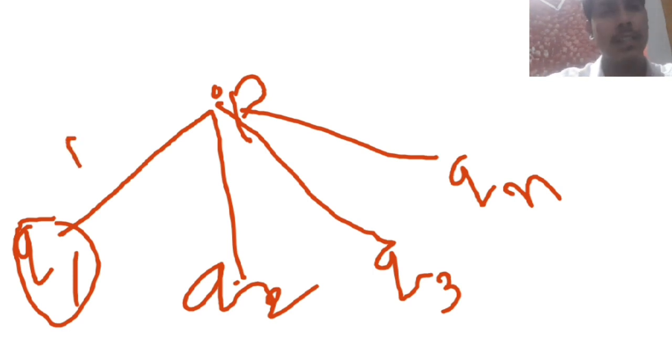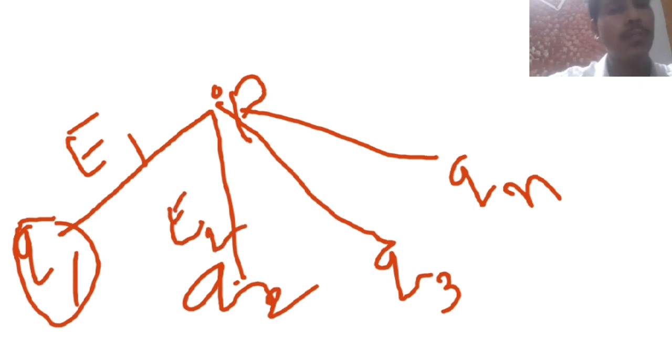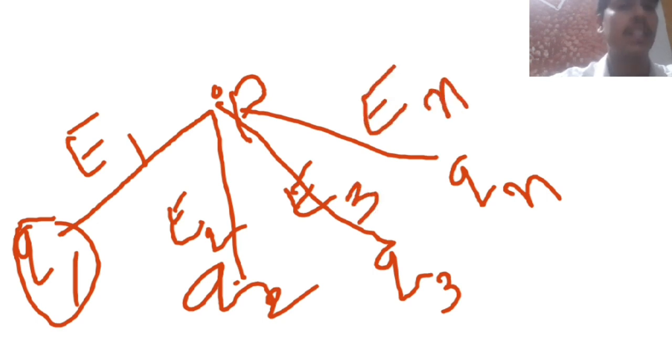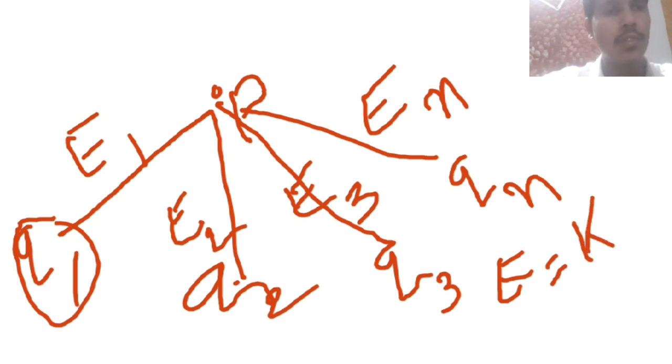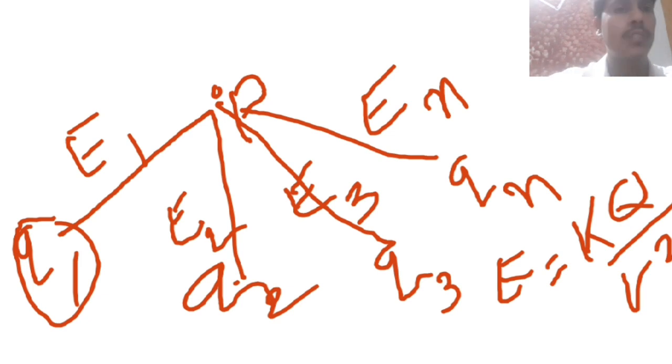Let us suppose the electric field intensity due to the first charge is E1, due to q2 is E2, due to the third charge is E3, and due to the last nth charge is En. We have the formula for electric field intensity, E equals k q upon r square. By using this formula we can find E1, E2, E3 and En.